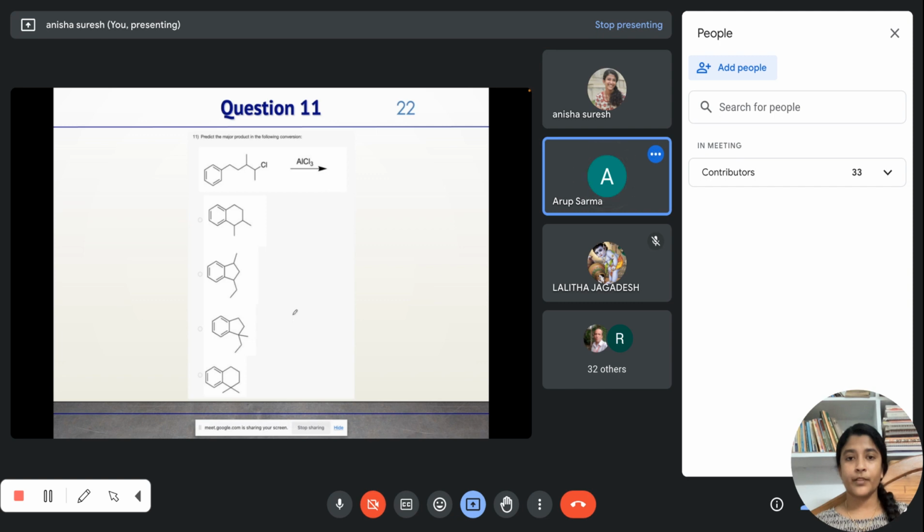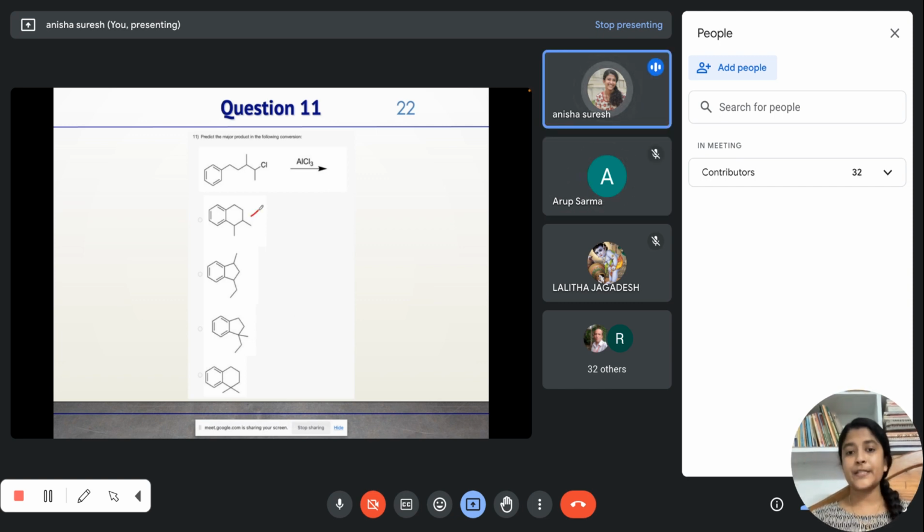Option A. Option A is also a possible answer, but the correct answer will be option C. So we can see the mechanism of that reaction. These two products are possible, but the major product will be option C.